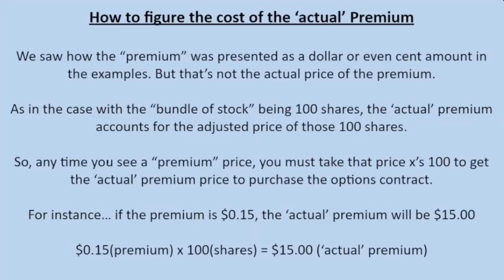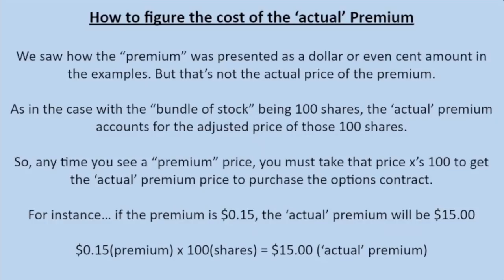So the question earlier was, anytime you see a premium, you actually have to take it times 100? And the answer to that is yes. If you see a premium for $1.12 and you want to buy that options contract, you're not going to pay $1.12. That's the price for a contract on one of those shares, essentially, in that 100 bundle.